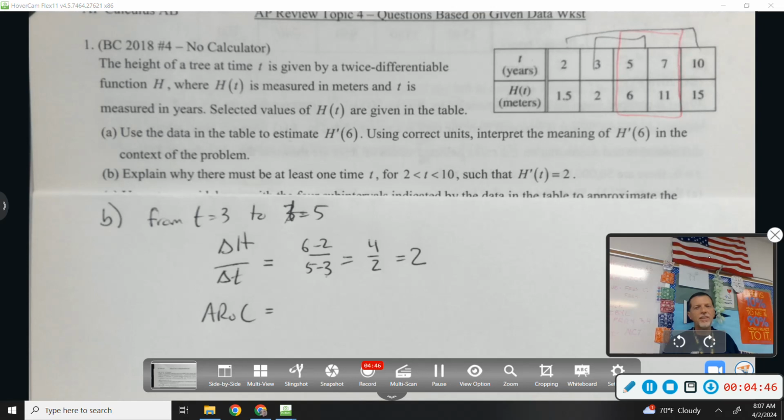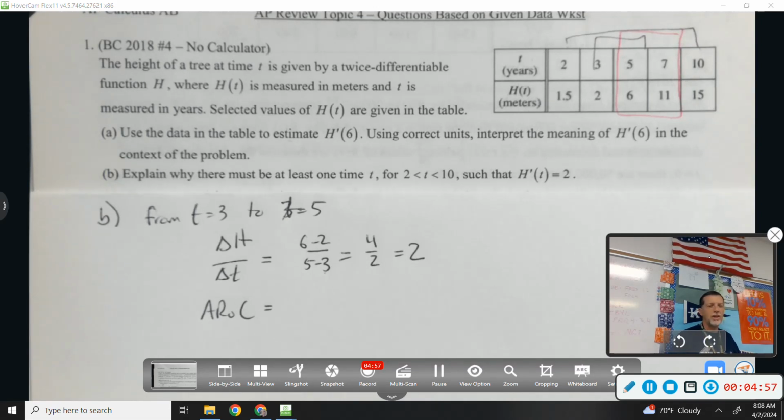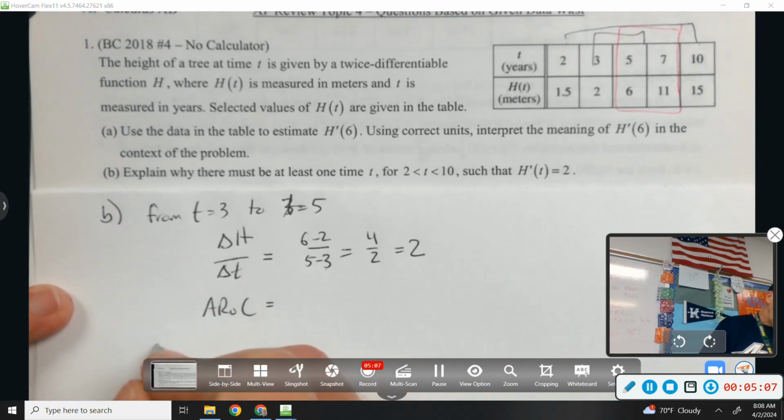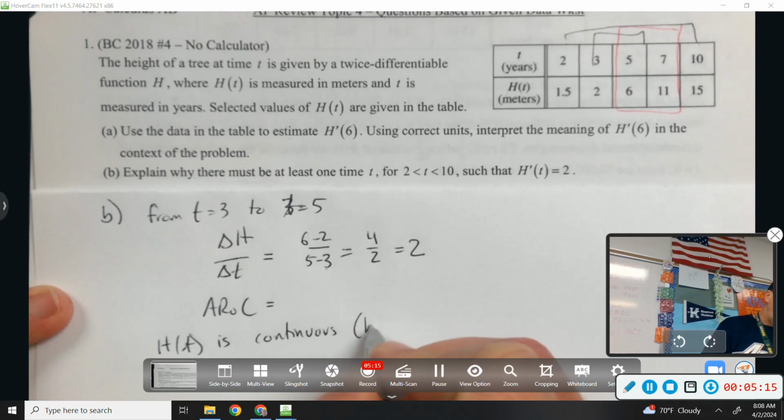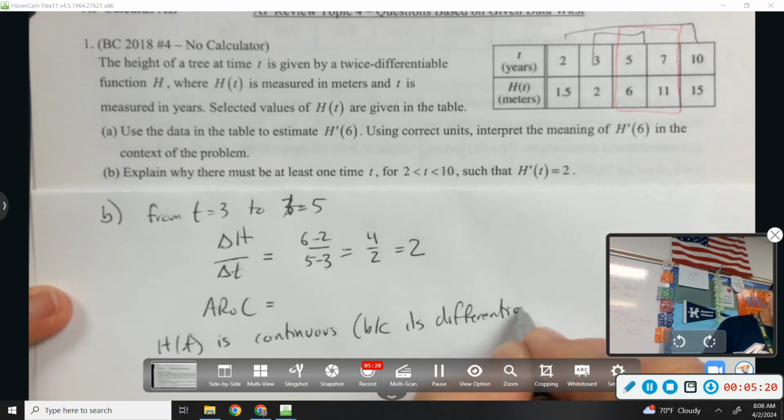What would allow me to say that the average rate of change is equal to the instantaneous rate of change? That's the mean value theorem. And things have to be continuous and differentiable for that to work. So no jumps, nothing crazy, and it has to be smooth for the slopes to match. So let's say that h of t is continuous because it's differentiable, because they told me it's differentiable, and differentiable.